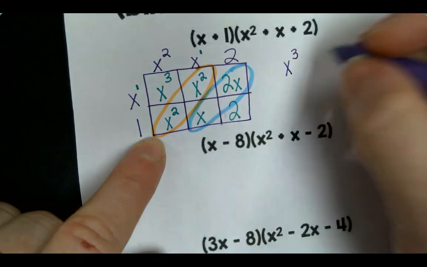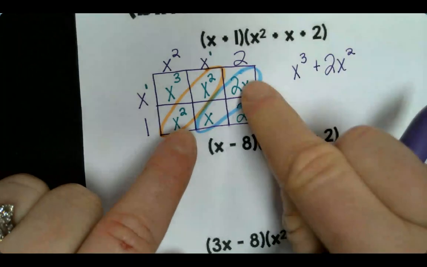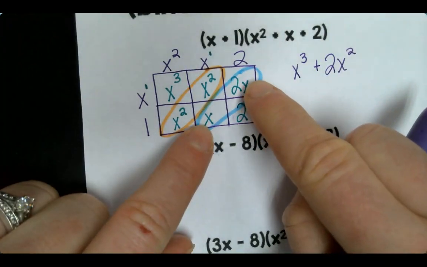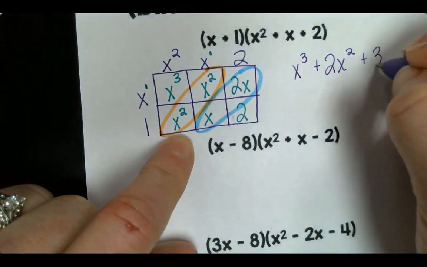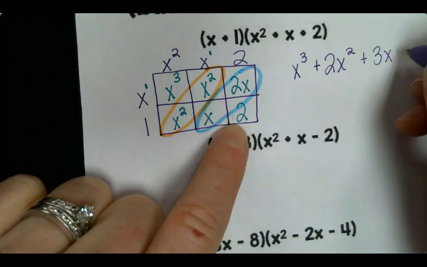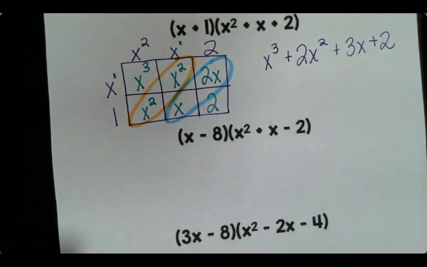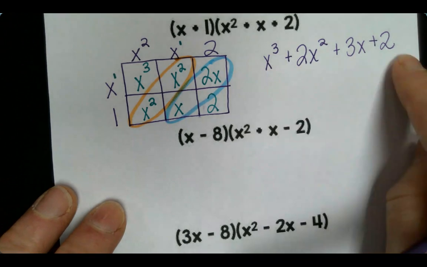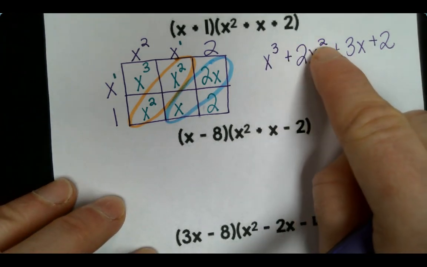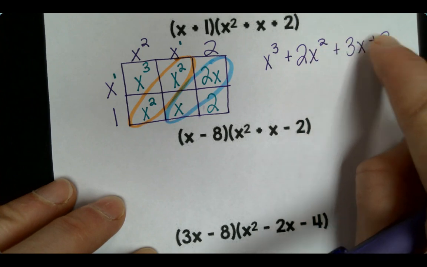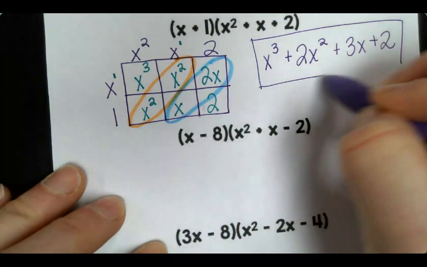So how many x squareds do we have? 2x squared. 2x and x, well, that'd be 2 plus 1, because there's an imaginary 1 here. 3x. And then 2 can't be combined with anything else, so plus 2. So that is our solution. Everything's been combined that we can combine. We have a 3rd power, a 2nd power, a 1st power, and then no variable. So this is our solution.